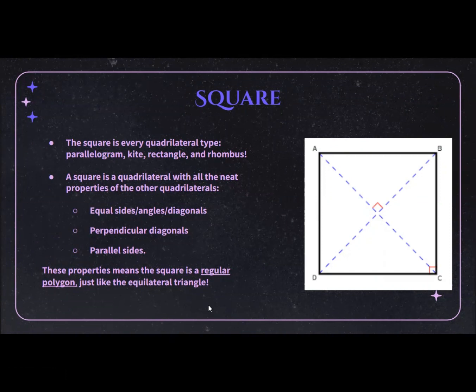You could say that if you want to be fancy, but we're not going to be fancy today. I'll type it in chat actually. Equilateral equiangular quadrilateral. You could technically call it that, and you'd be correct. You'd be a massive nerd though, and no one would like you. But you would be correct.